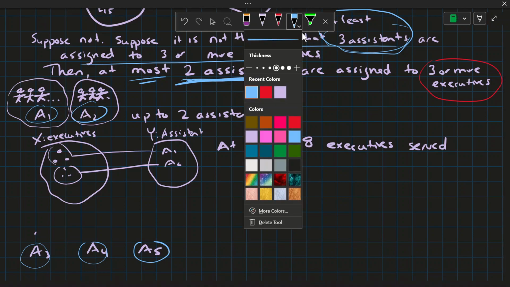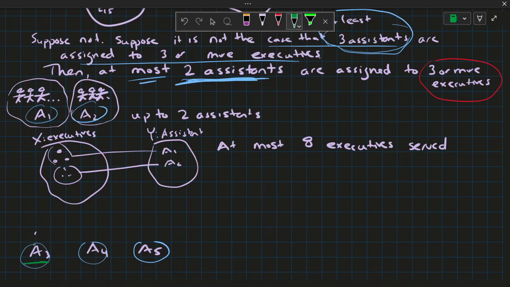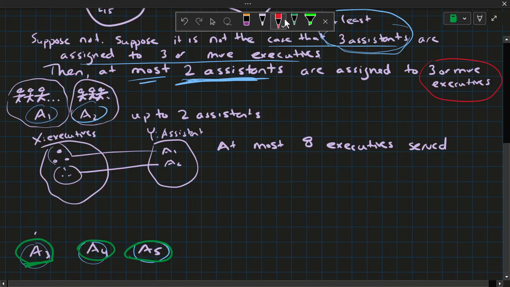So let's change the color here for these other 3. That means these 3 assistants that are different than the blue ones are not allowed to have 3 or more executives. They must have 2 or less. So we have 2 or less here, and same for A4 and same for A5.